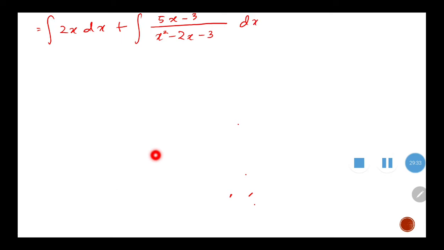Okay, so now we have 2x. I split it into 2, so it will make your life much easier. So this one is 5x minus 3 over x squared minus 2x minus 3 dx. Integrate 2x, you will get x squared plus 2. Okay, and then integrate.